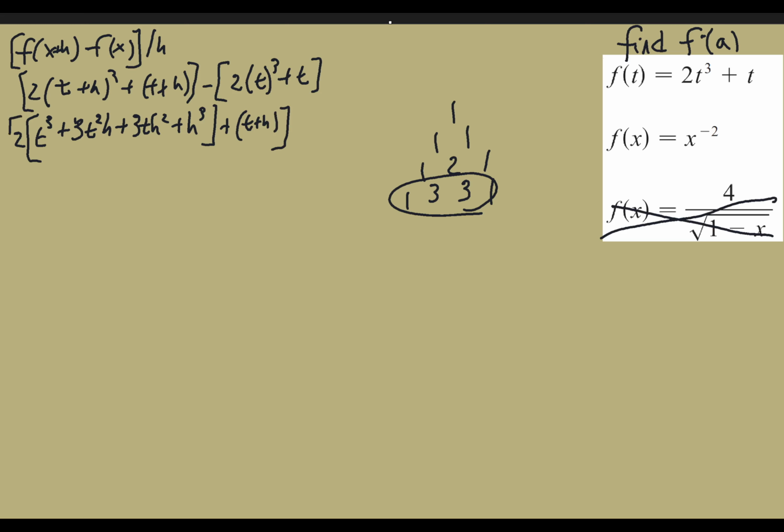And that's all inside that first part. It's going to be minus 2t cubed minus t.